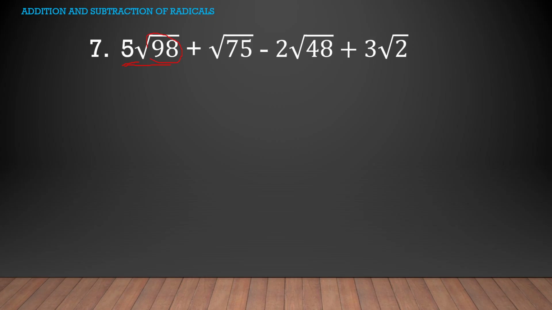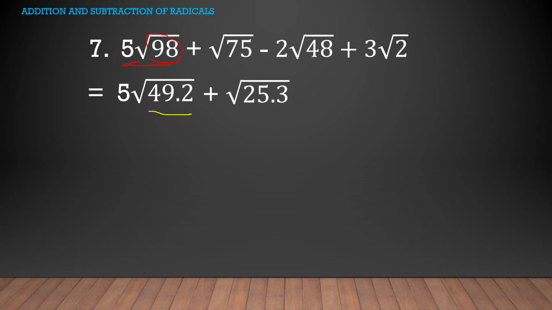So the factors of 98 are, rather, 5 square root of 49 times 2, because 49 times 2 is 98. Plus, the factors of 75 are 25 times 3. And then minus 2, the factors of 48 are 16 times 3, plus 3 square root of 2, because 2 is the last radicand in this part.